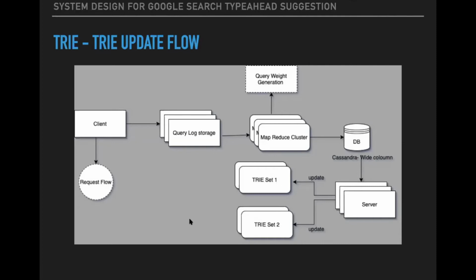I encourage you guys to read more about MapReduce clusters and in which scenarios they are useful. But in general, what I'm suggesting is that once you have a huge set of tasks or some processing to do, and you can see that the task can be broken down into multiple chunks, and individually some logic can be applied on the multiple chunks, and once your outcome is there in the multiple chunks, you want to combine the results together and produce an ultimate result.